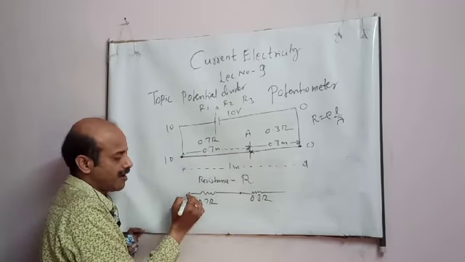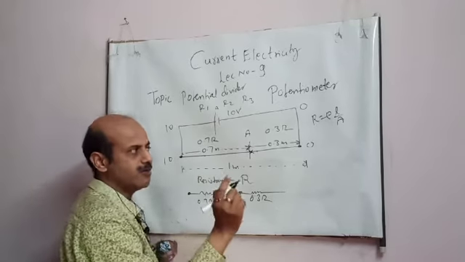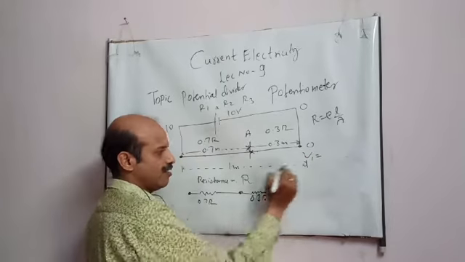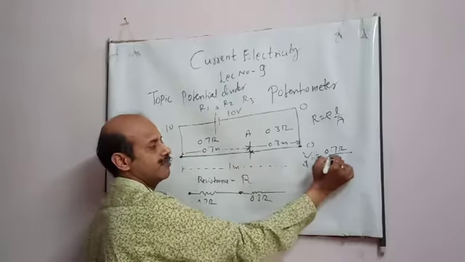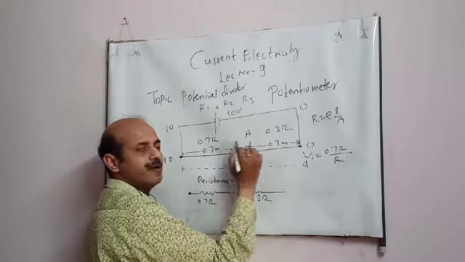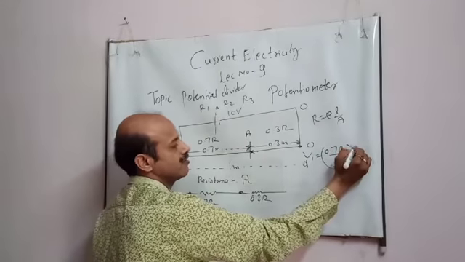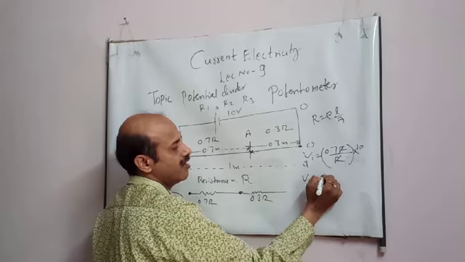Now I have to find out the potential difference across this. The formula I just told you: I take 0.7 R upon the total R, into the total voltage 10. I got V1 as 7.